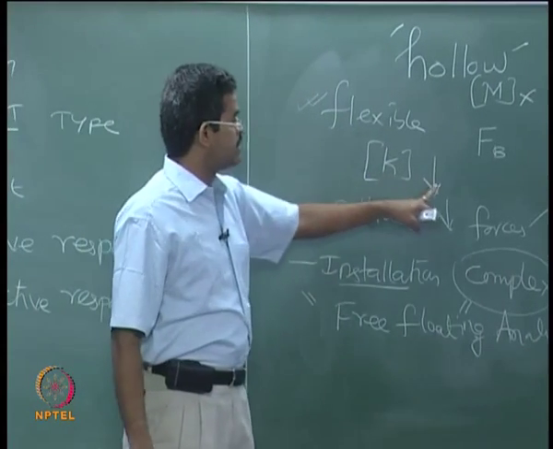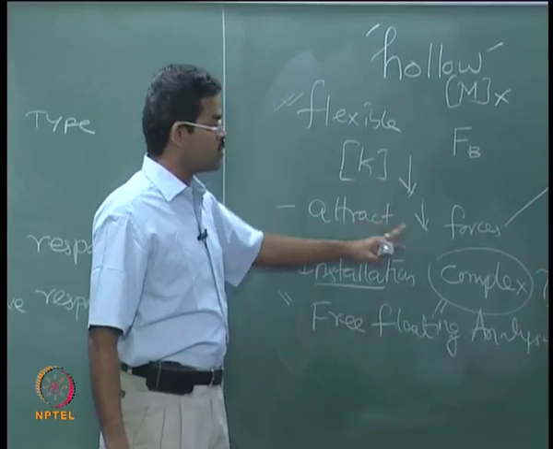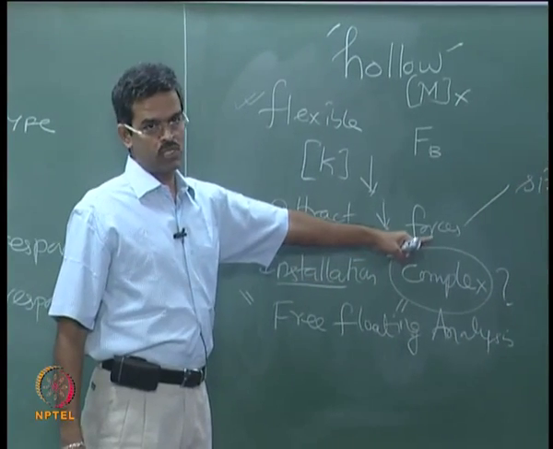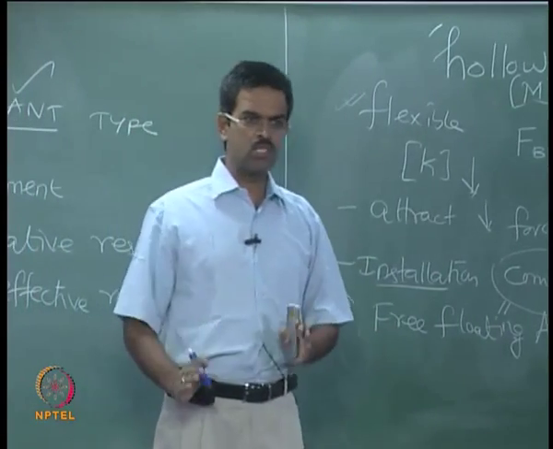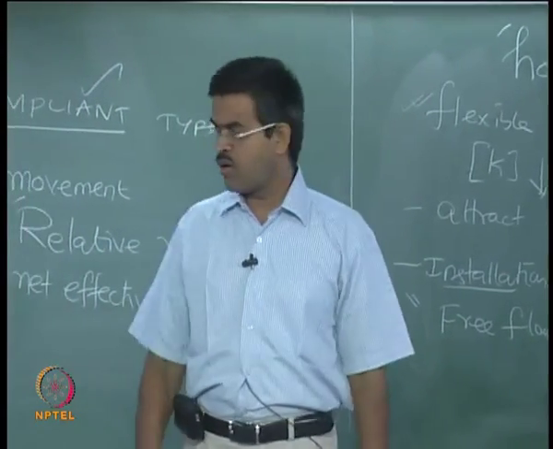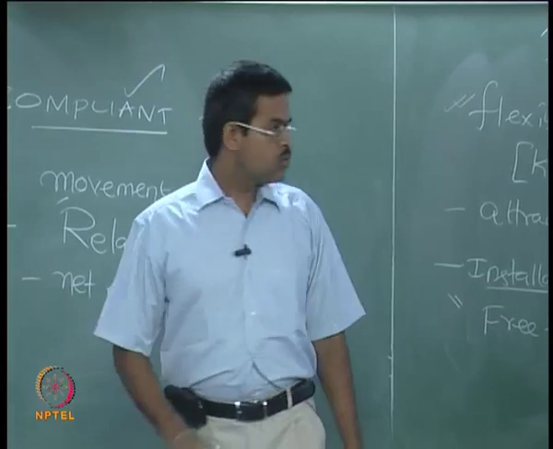The moment stiffness is reduced, it has a tendency to attract less forces on the structural system. So, the aim, the focus of this design, or of this form, was to reduce the forces.